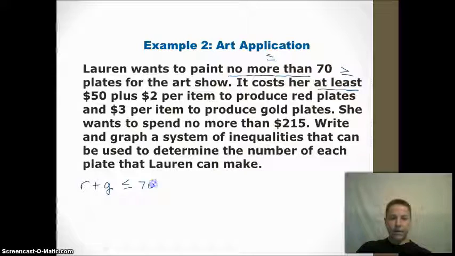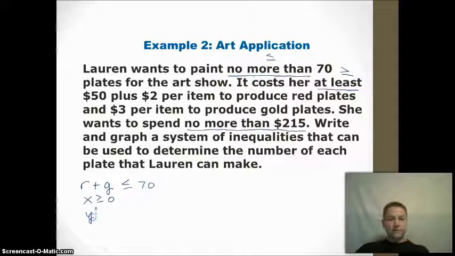There's one inequality. Okay, she wants to spend no more than $215. There's another inequality. Write and graph a system of inequalities that can be used to determine the number of each plate. Okay, anytime you're dealing with word problem inequalities, you're always going to have this inequality.